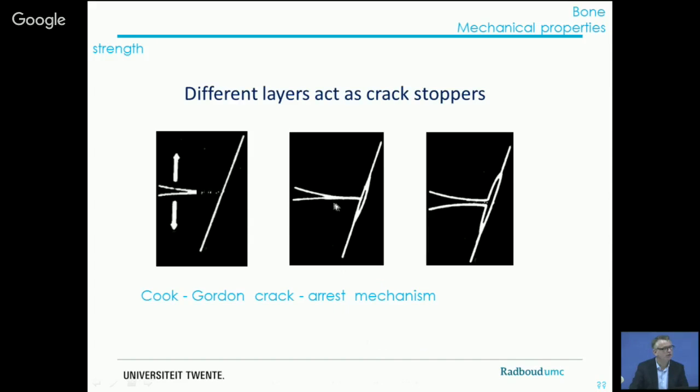So it diverts the crack direction, basically, because of the tubular structure. Okay, so it's a microscopic and a macroscopic crack stopping material. And that makes it also very tough. All right? It arrests cracks.